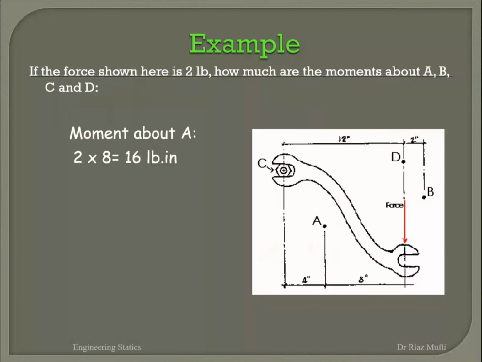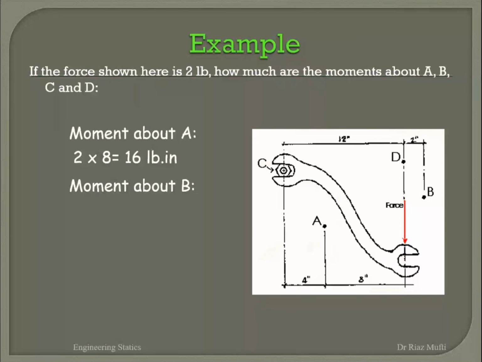Okay, what about moment at point B? Positive 2 pounds per inch. It will be 4, because it looks like it's a 2-inch. Yes, it is 2. So it would be 4 pound inch.